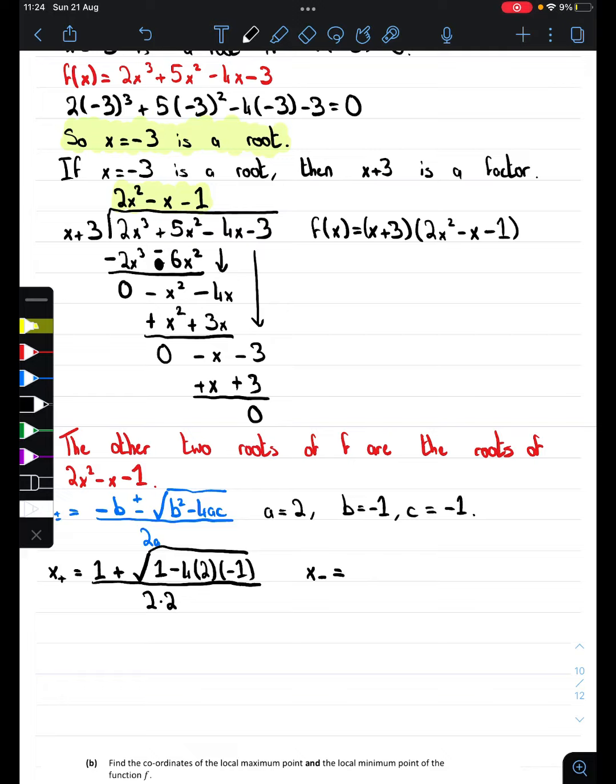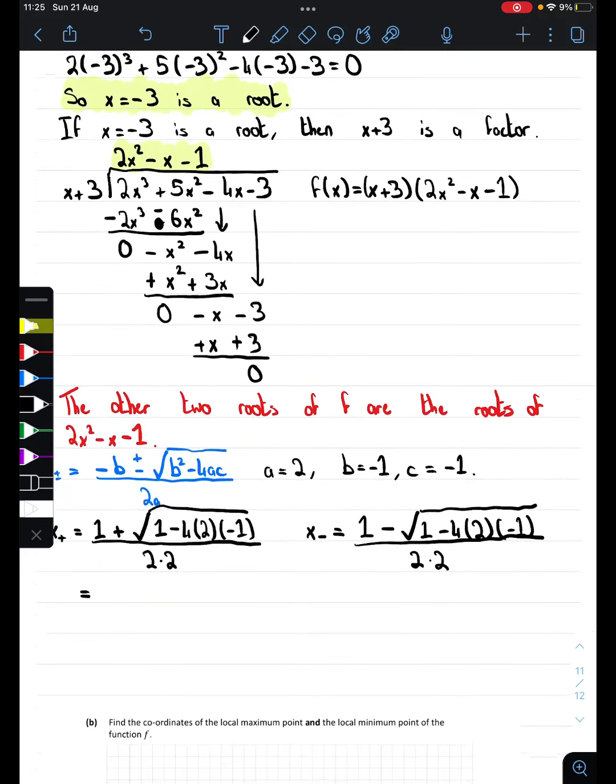And then our x minus is, again, 1, but this time a minus 1 minus 4 by 2 by minus 1, all over 2 by 2. And so x plus equals 1 plus root 5 over 4.